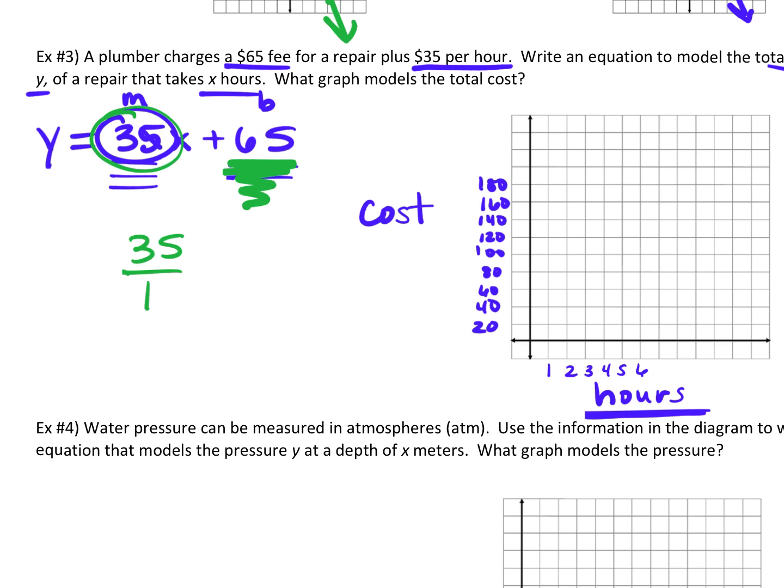If I do this, then my y-intercept at 65 is going to be about here. Now you just have to do a little bit of the math in your head, right? If I'm going up 35, I'm at 65, so I would end up at 100 over 1, then 135 over 1. So you could have gotten a graph that looks like that too.